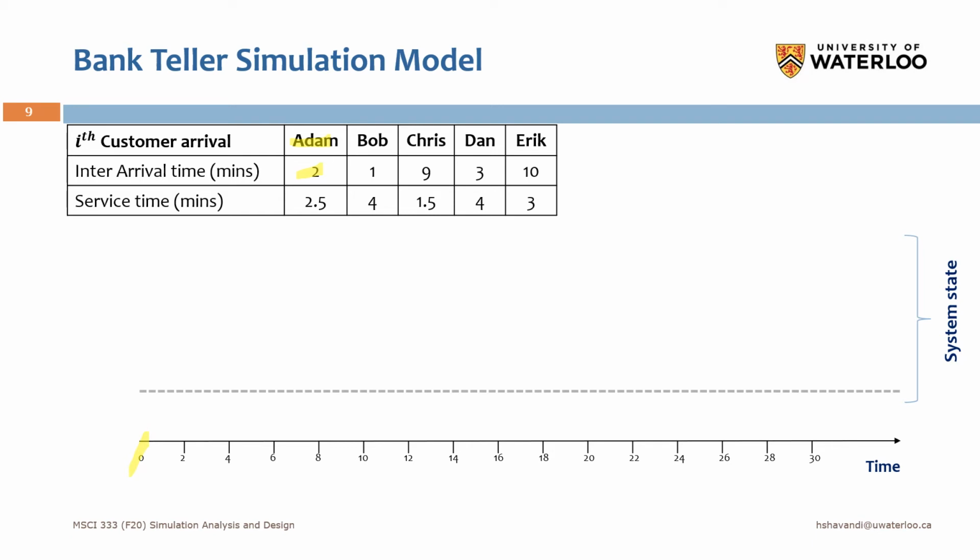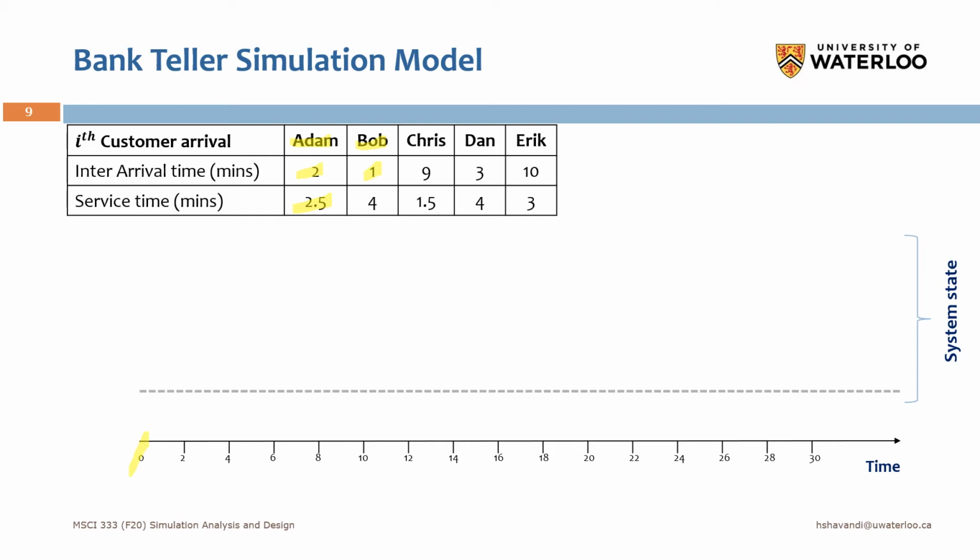Adam's service time is supposed to be 2.5 minutes, and the next customer, Bob, will arrive 1 minute after Adam. This means Bob will arrive at time 3.